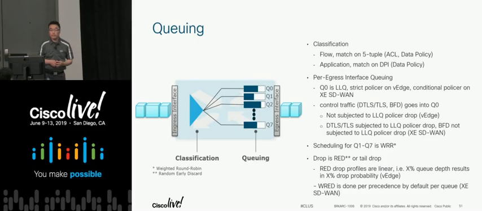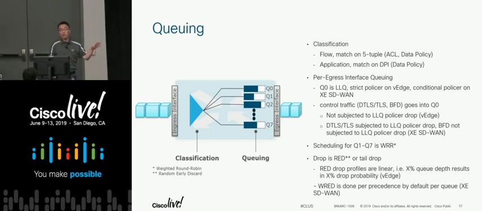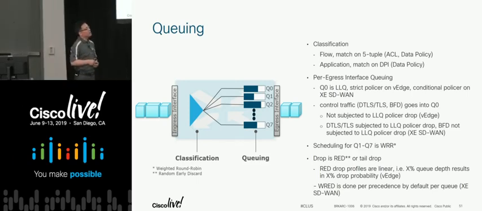Queuing. So the queue can be classified using flows or applications. On the egress interface, you can have up to 8 queues. Q0 is what we call the low latency queue, or you can call it the priority queue, if you will. The low latency queue implementation on the vEdge is using the strict priority policer. Does anybody know what that means?